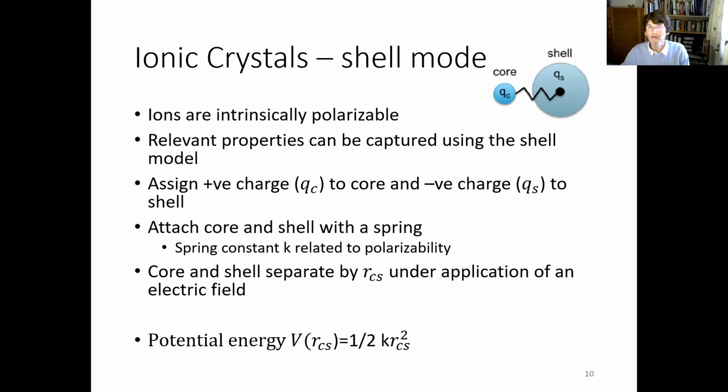This has been modeled for several decades, more than that, with a core-shell model. So what we do is we have a positive core and we have a negative shell, and these are joined together with a harmonic spring. That means if you apply an electric field to the ions, you get a core-shell separation.